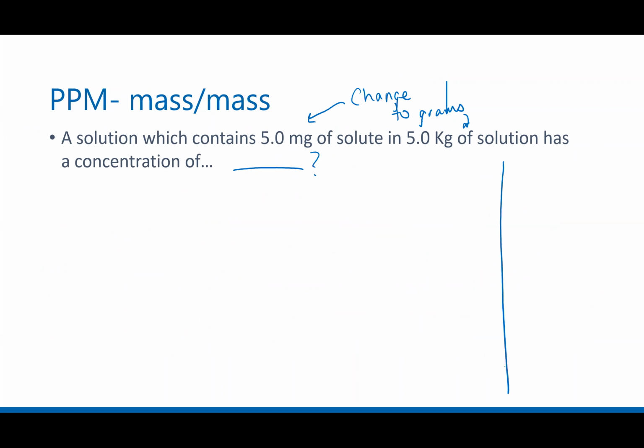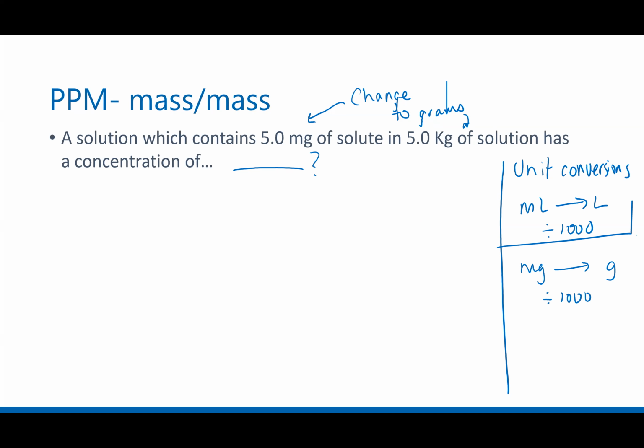So this brings me to unit conversions. You can get by in chemistry with 3 unit conversions. To go from milliliters to liters, you divide by 1,000. To go from milligrams to grams, same thing, divide by 1,000.